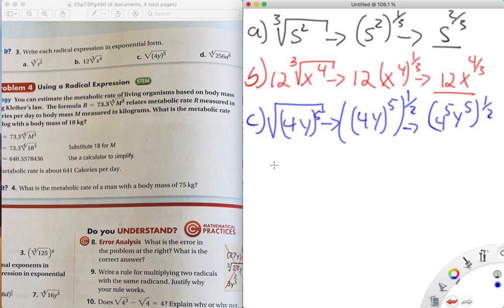4 to the 5th is 1024, and that's going to be raised to the 1/2 power, and then this is going to be y raised to the 5/2 power because you multiply the exponents, and then the square root of 1024 is 32.